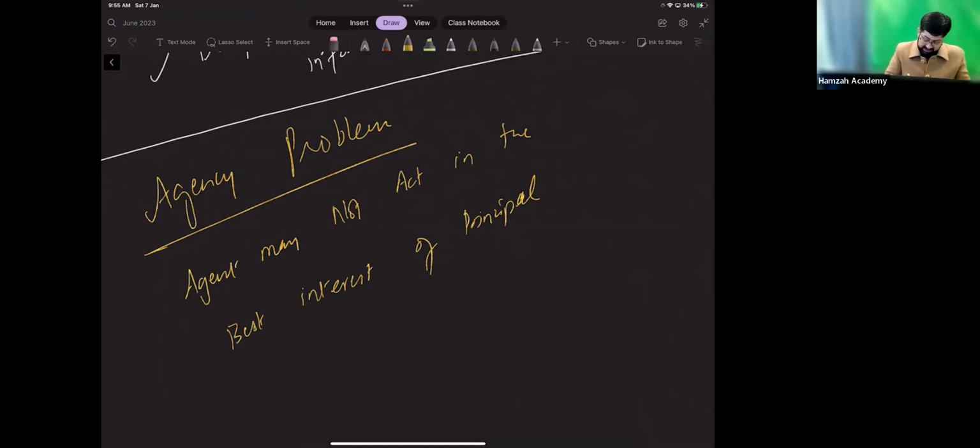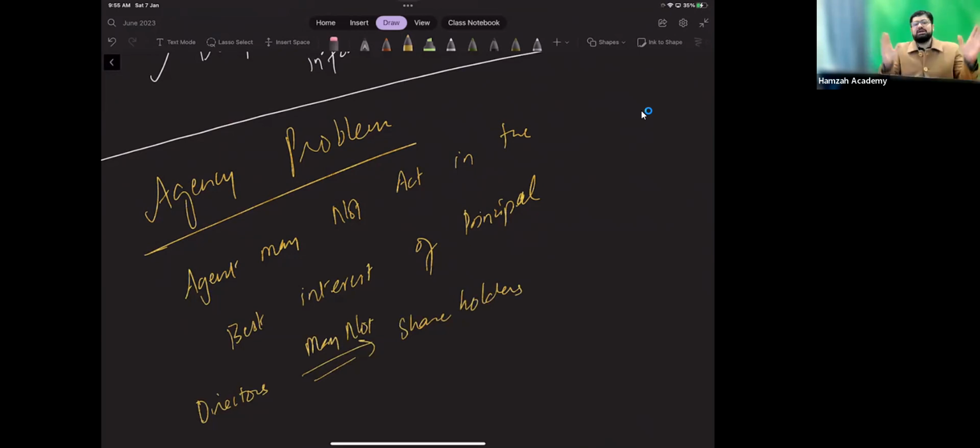So directors may not act in the best interest of shareholders. This might be a problem. They may not be disclosing all the information to them. And at the end of the year, when directors prepare financial statements and give them to shareholders, they may not be disclosing facts and figures of the business correctly in financial statements.